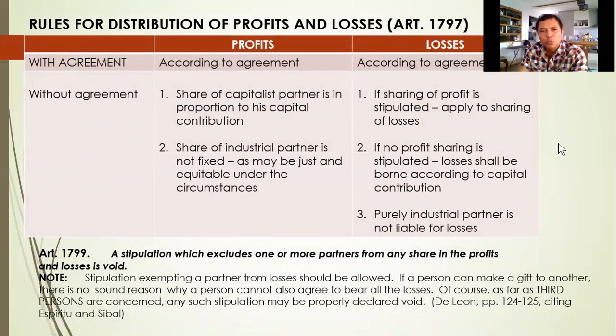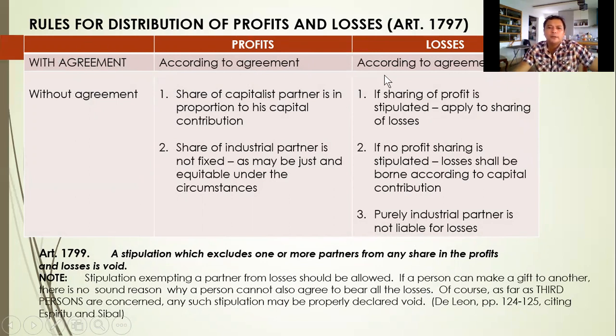So let's go to the rules for contribution of profits and losses, stated in Article 1797 of the Civil Code. So profits or losses are divided. The general rule, if there's agreement, here number one, with agreement, then profits and losses are divided in accordance with the agreement.